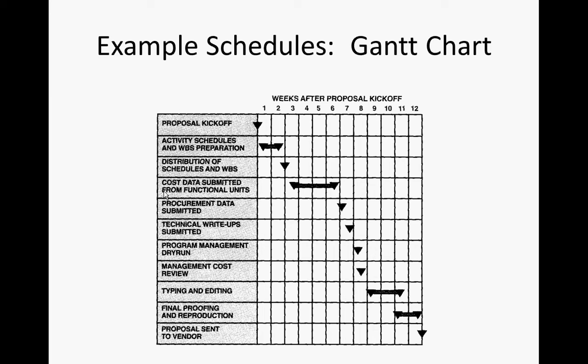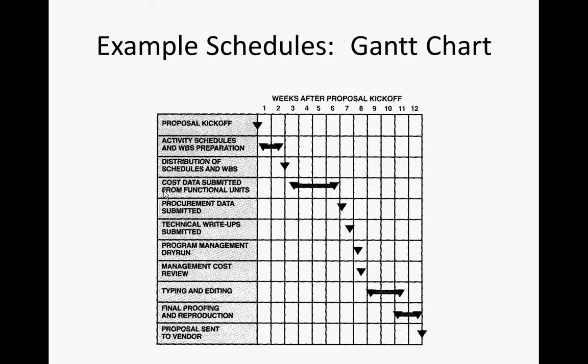Okay? So, for example, here we have some preparation of activity schedules within the first 2 weeks. Other types of activities, typing and editing, are available so later in the schedule, etc. Some activities are so short they're almost events. For example, submission of certain types of data, and we may just show them with a marker.